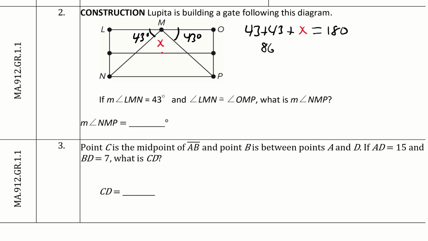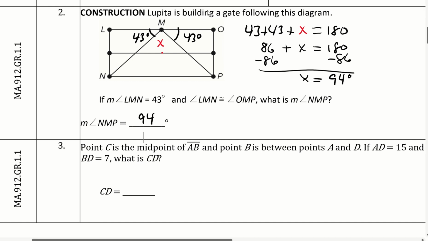We got here 86 degrees plus X equals 180. Then we can subtract 86 on both sides. So we get X equals 94 degrees. Okay, so we got 94 degrees for NMP. All right, that's all you need to do for that one.